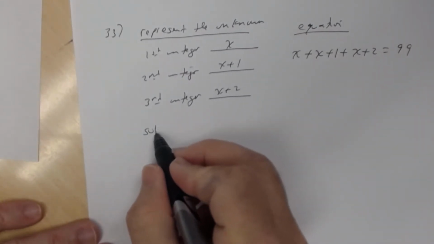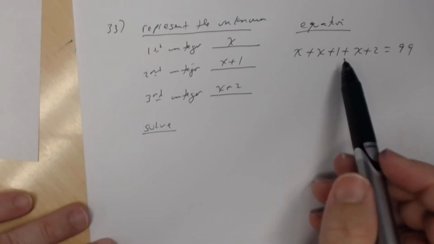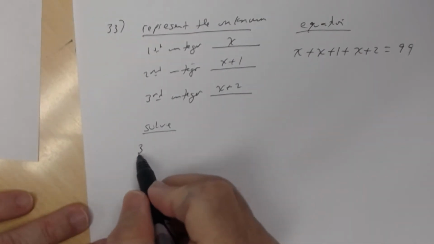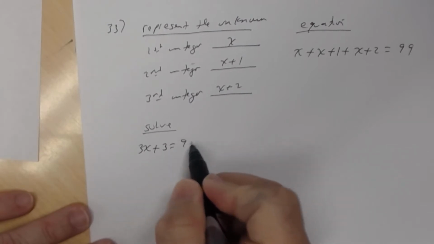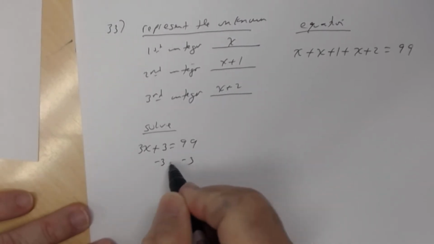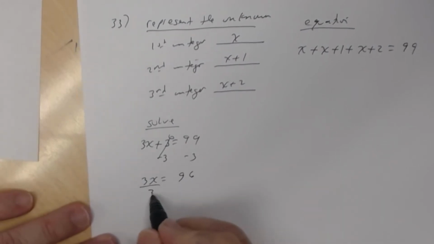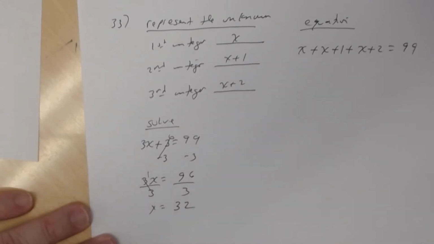All right, so I'm going to solve. So when I solve this and combine like terms, I'm going to get 3x plus 3 equal 99. Subtract 3 from both sides and combine like terms. I get 3x equal 96. Divide both sides by 3. I get x to be 32.